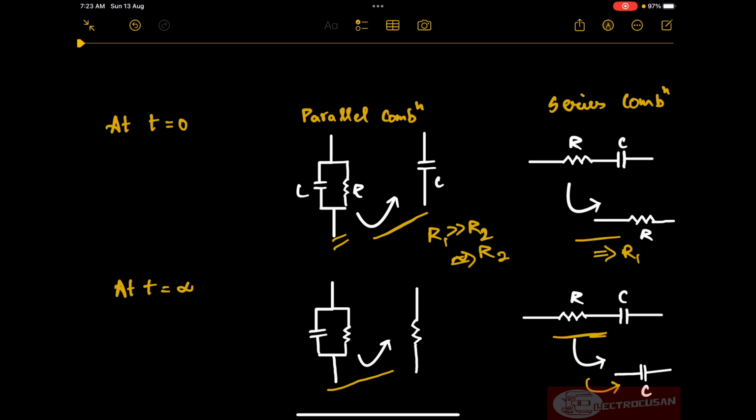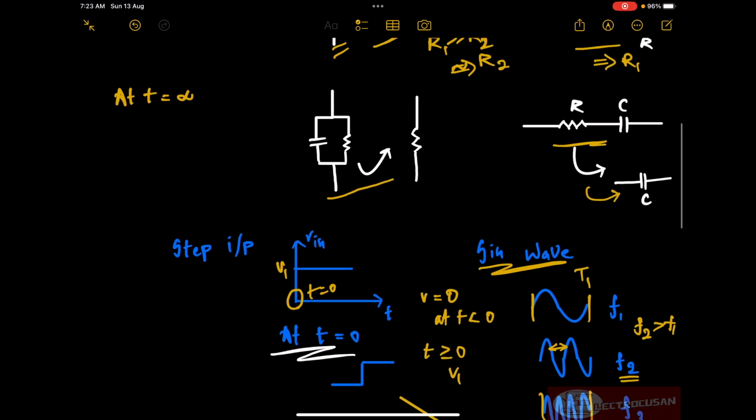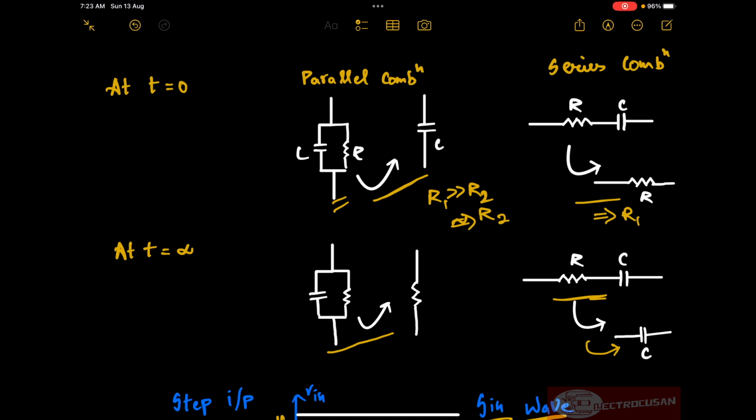We follow the same rule here. So consider this C1 as an impedance whose value is much lesser because it is equal to 0, right? So much lesser than the second value. So this will become equivalent to a single capacitance. And here if you see, C is much smaller when compared to R, right? In series combination, this will be just a single resistance.